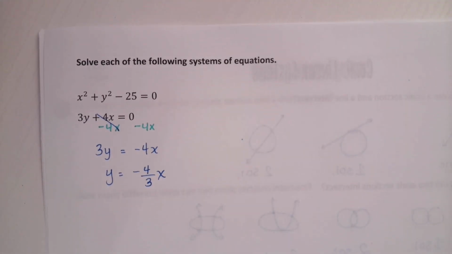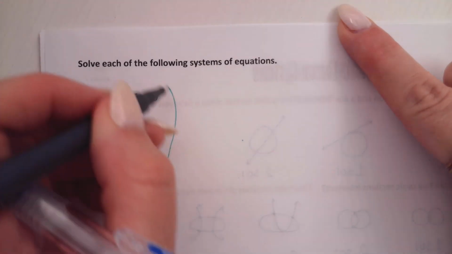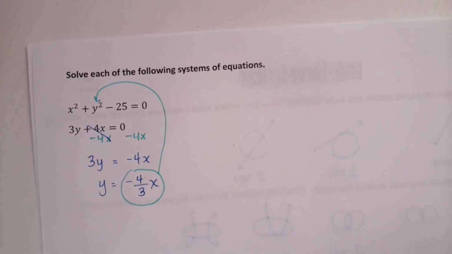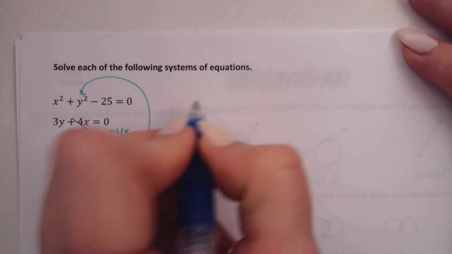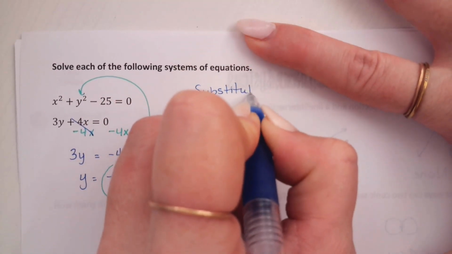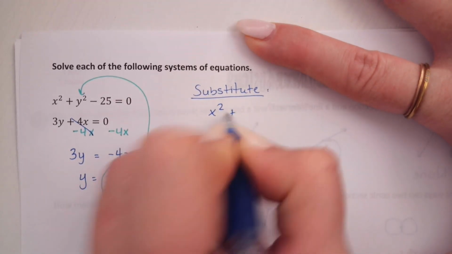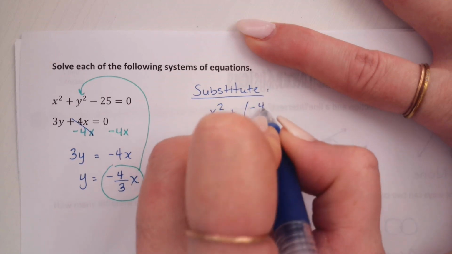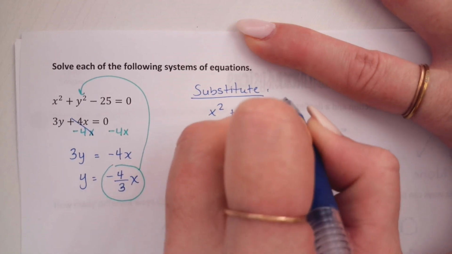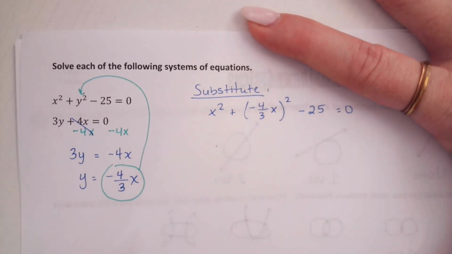And then once you have a variable isolated, you can substitute it into the other equation in place of that variable. I'll have x squared plus, in place of that y, negative 4/3 x squared, minus 25 equals 0.